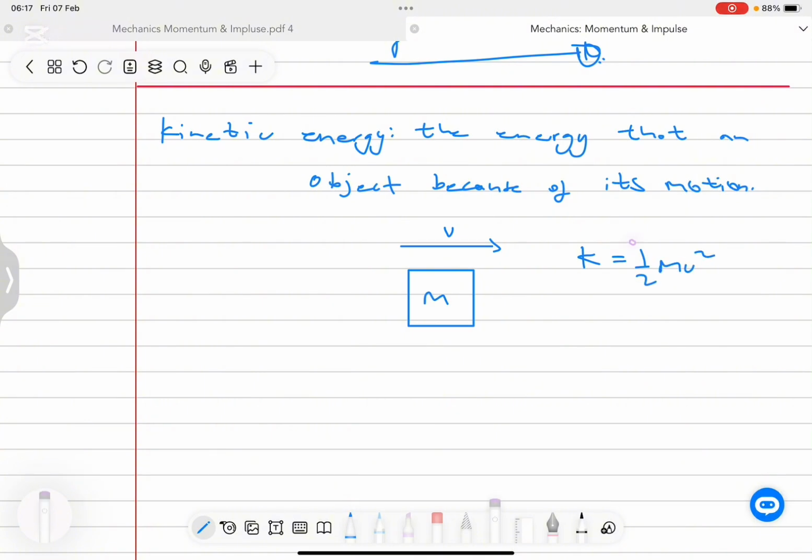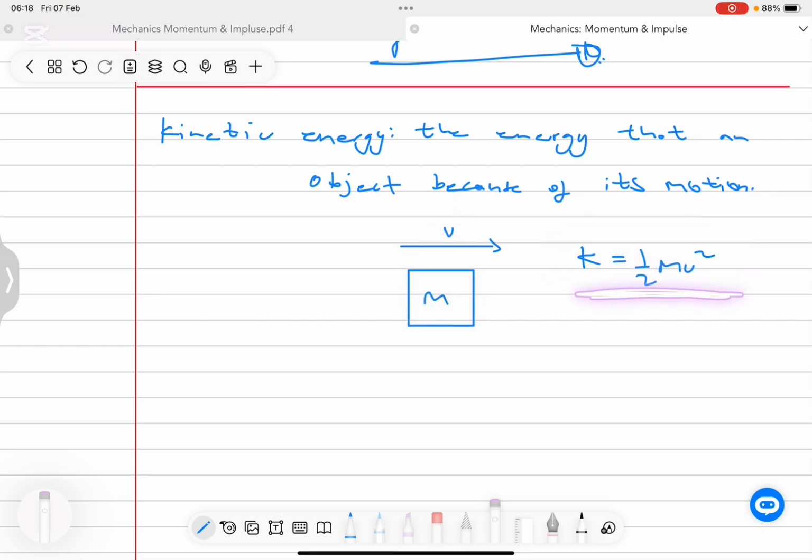We're basically taking a ratio of 1/2, multiplying that by the mass of the object, the size of the object in terms of its mass, and we multiply that by the square of the velocity. That should give us the kinetic energy of the object.